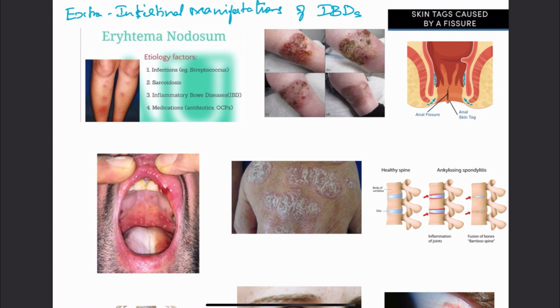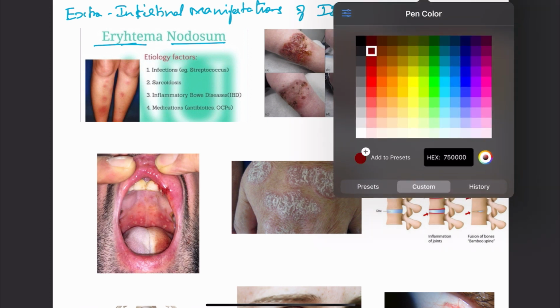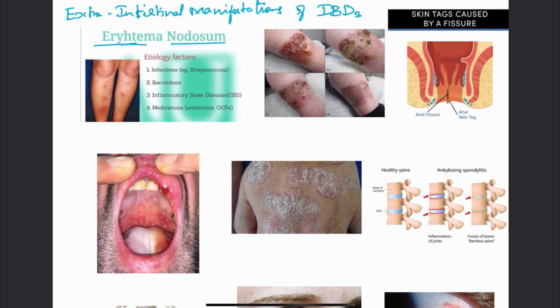Now, coming to dermatological manifestations. So, here we have erythema nodosum. These are the dermatological manifestations of Crohn's disease. Usually only in 10% cases of ulcerative colitis you can see erythema nodosum, but mostly in 15% there will be erythema nodosum in Crohn's disease.